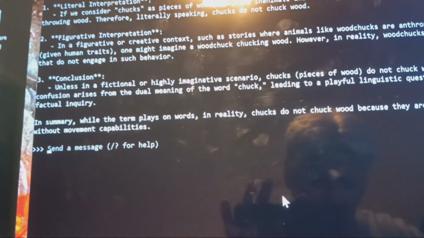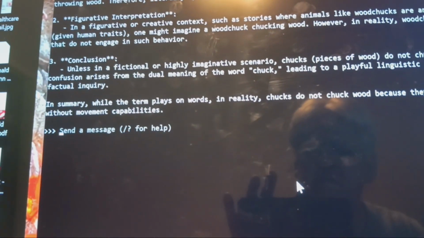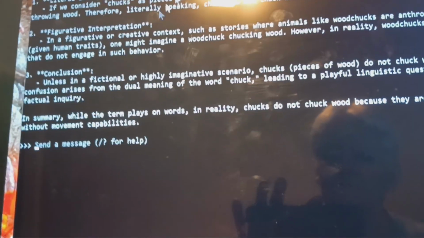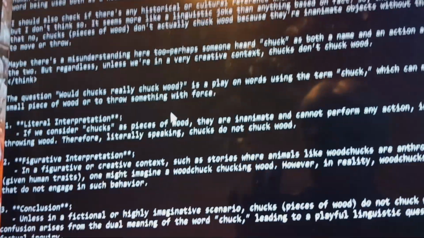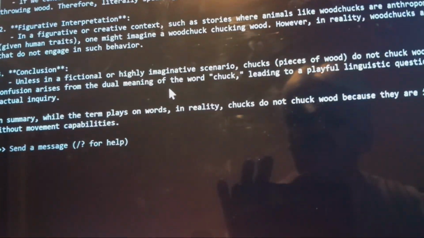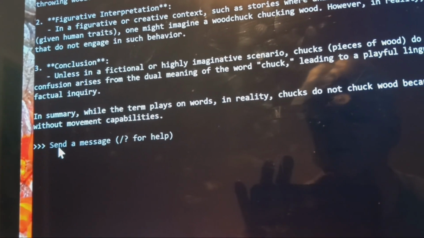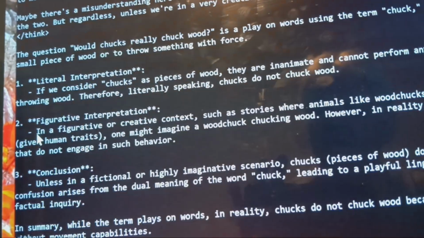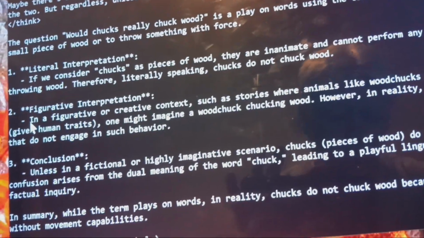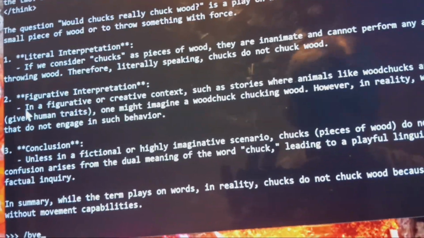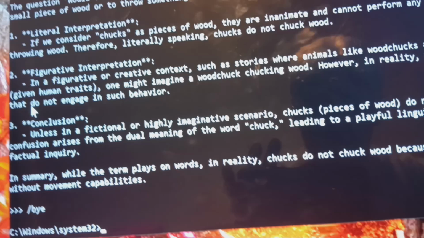Now, if I say bye here, it's thinking about typing. Probably because I've been scrolling. Oh, yeah, I must have gone off there. Again. There we go. Okay.